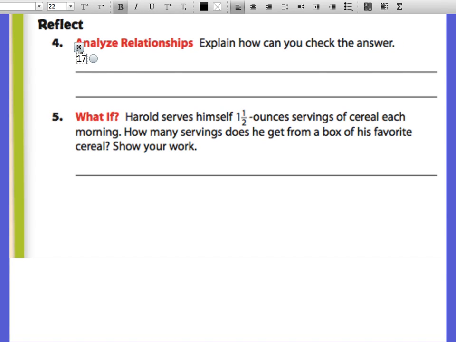I said that 17 1/2 divided by 1 2/5 gave me 12 1/2. So let's turn this into a multiplication problem. If I have 12.5 servings and I multiply that by 1 2/5 of an ounce making a serving, I should get 17 1/2.